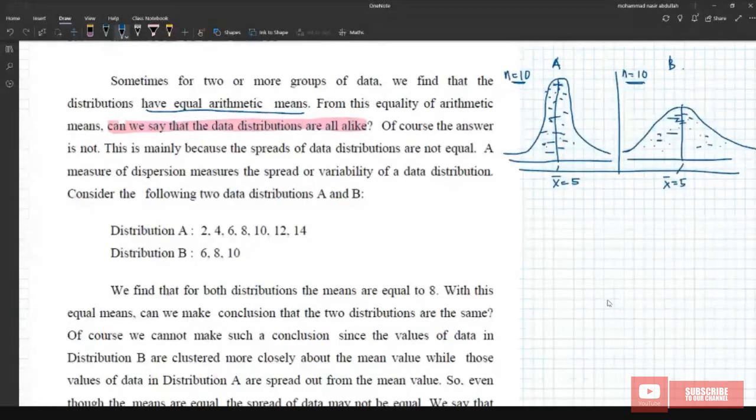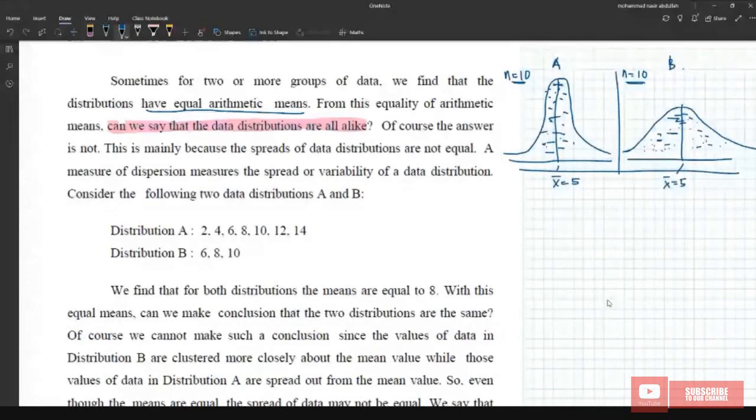It's more spread compared to distribution A. So distribution A's spread is close to the mean, while for playground B, the distribution of age is more spread around the mean, right?